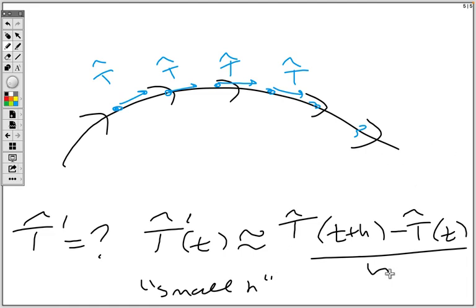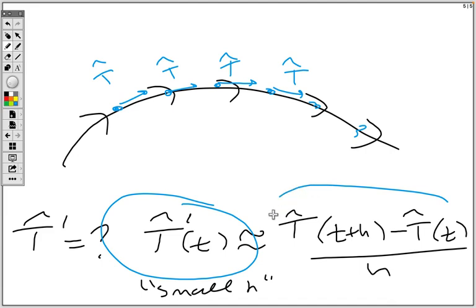Okay. So really, remember, this h is a scalar. That means the direction of this can be approximated by looking at this vector.